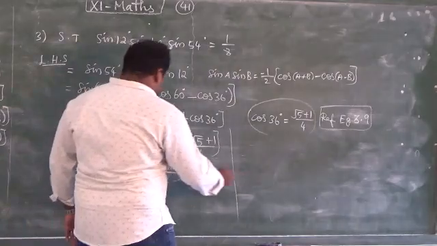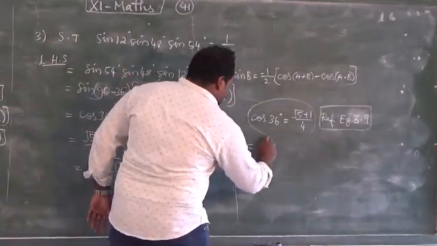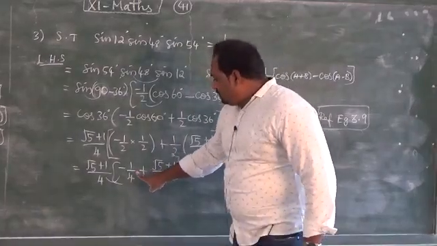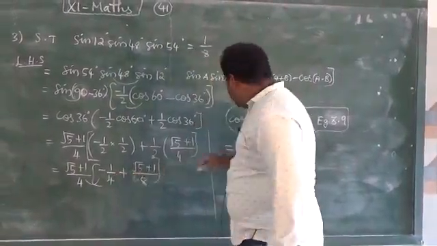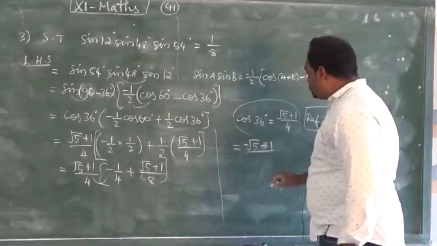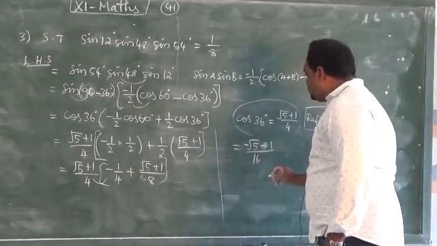Okay, now we just multiply inside the bracket, root 5 plus 1. If you multiply with minus 1 by 4, it will be minus root 5, and then it is minus 1 by 4 into 4, 16.